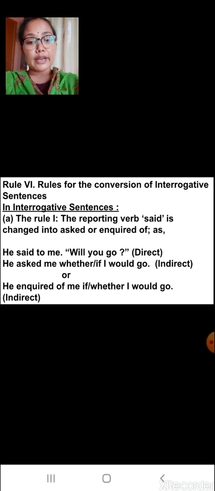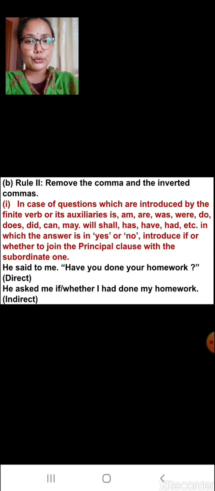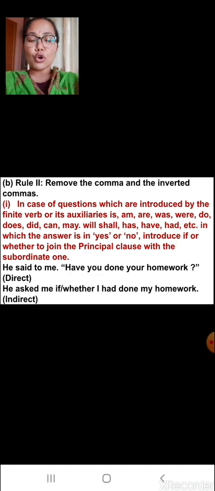Or he inquired. Instead of asked, we can also use the word inquired, and the sentence will be, he inquired of me if or whether I would go. Rule number 2. Remove the comma and the inverted commas.